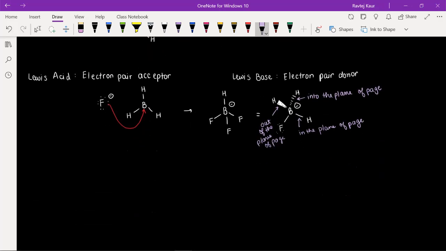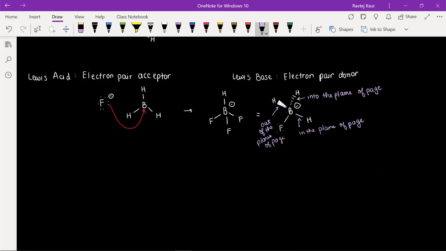All right, so this was the basic definition of being a Lewis acid and a Lewis base. And first we did the Bronsted acid and a Bronsted base. Now there are molecules which can be classified as both a Lewis acid, Bronsted acid, or Lewis base, Bronsted base. But there are some molecules which can only be classified as one of the two.